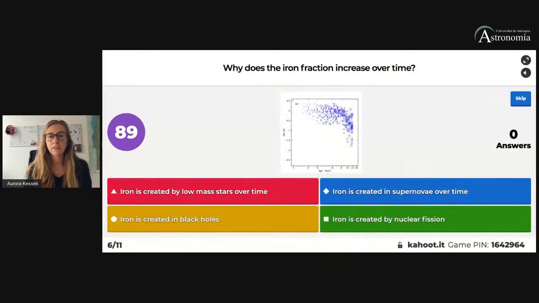Why does the iron fraction increase over time? Is it because iron is created by low mass stars over time? Iron is created by supernovae over time. Iron is created in black holes, or iron is created by nuclear fission.